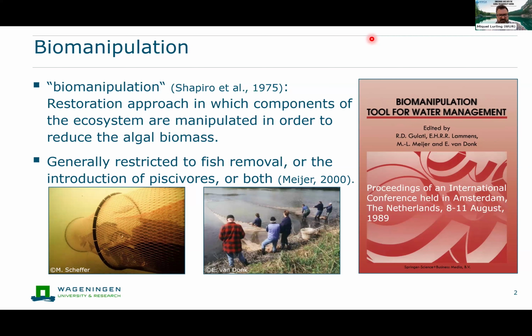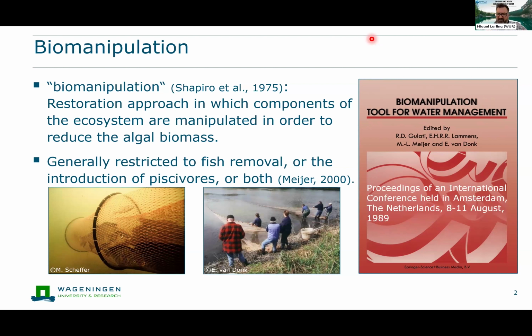So you can think about introducing filter feeding mussels or improved conditions for filter feeding zooplankton, planting macrophytes. But in general, it's used for those activities in which fish is being removed, mostly sediment-stirring fish or cyprinids, as we've heard in Tom's presentation, or the introduction of fish-eating fish, a picture that we also saw from Loch Leven, if I'm correct.